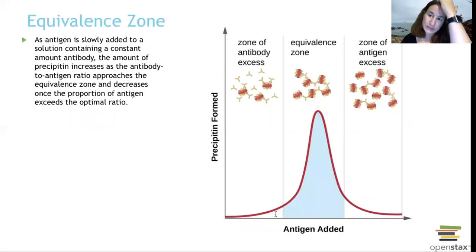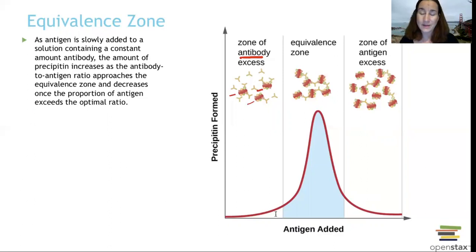We said that they are going to form antigen antibody complexes. When they do this, we are going to try and find an optimal place. This optimal place is called the equivalence zone. In this level, we have more antibodies in the serum than we have antigens. There's only 1, 2, 3 antigens here, and we have tons of antibodies in this serum.